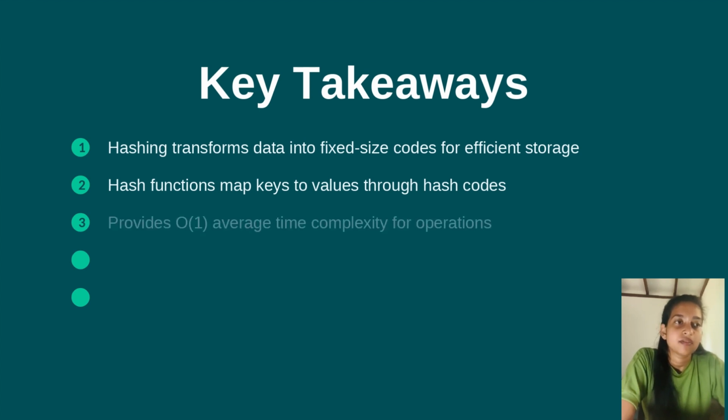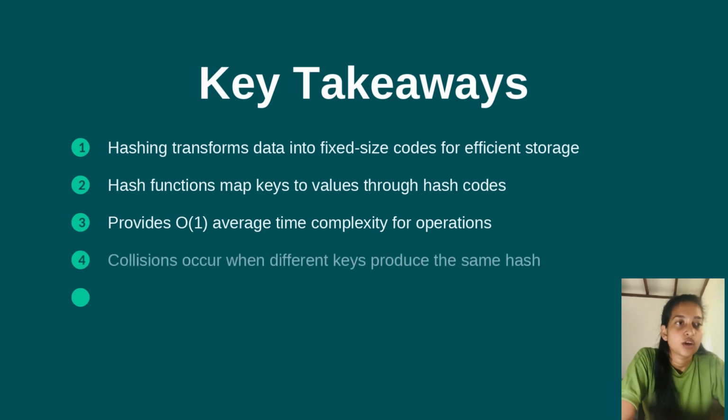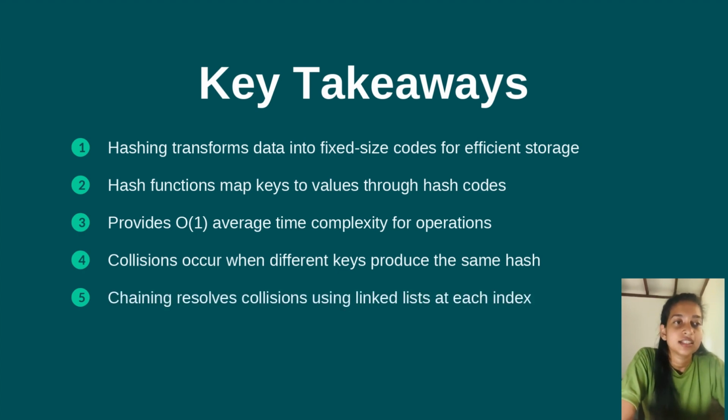Third one is it provides order 1 average complexity, near instant access. Fourth one is collisions happen when different keys produce the same hash code, but we have strategies to handle them. And fifth one is chaining is one elegant solution that uses a linked list at each index.